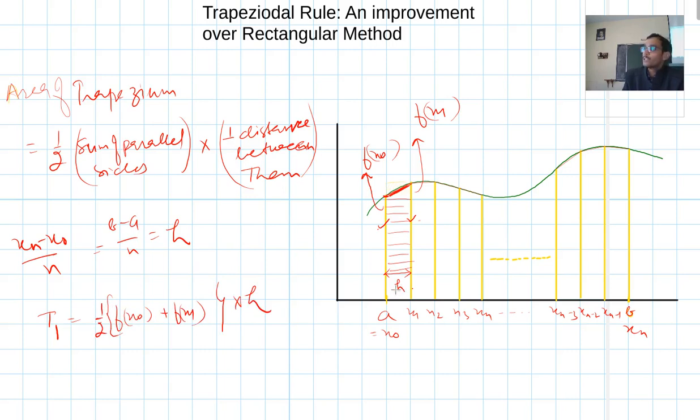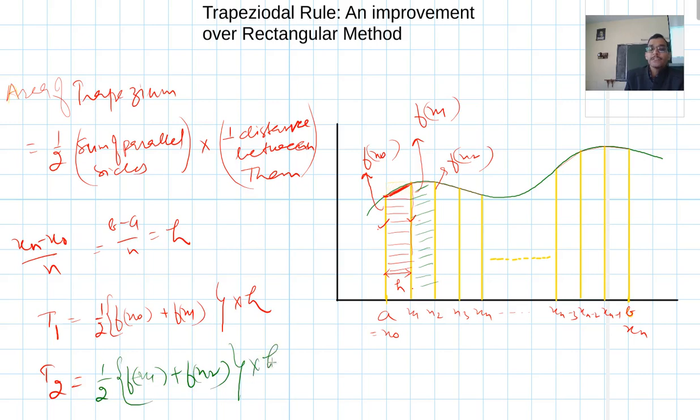Now the second trapezium: its sides are f of x1 and f of x2, and its area is 1 by 2 f of x1 plus f of x2, into h.